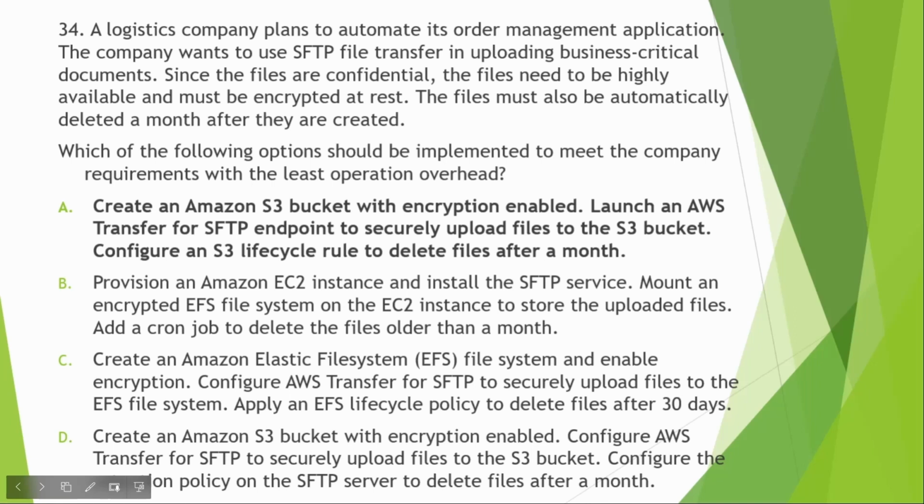There is no retention policy on AWS Transfer for SFTP. So the correct thing you have seen: an S3 bucket with encryption enabled and a lifecycle rule to delete the files after a month, and you will also launch an AWS Transfer for SFTP endpoint to upload the files to the S3 bucket securely.